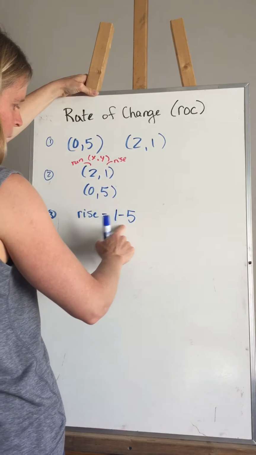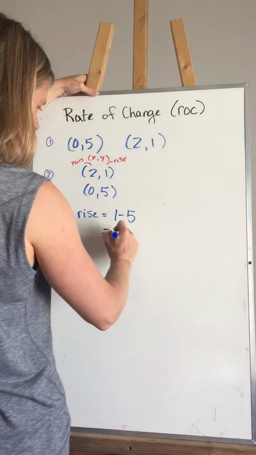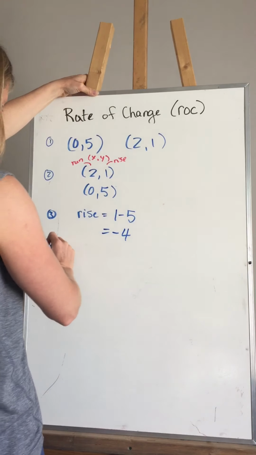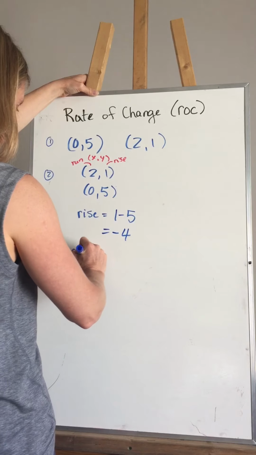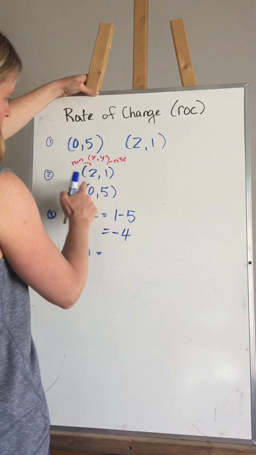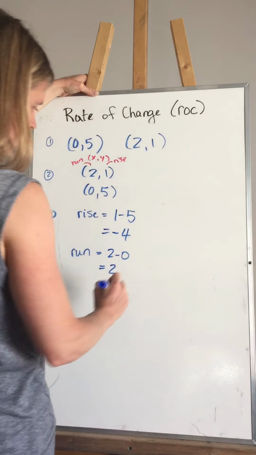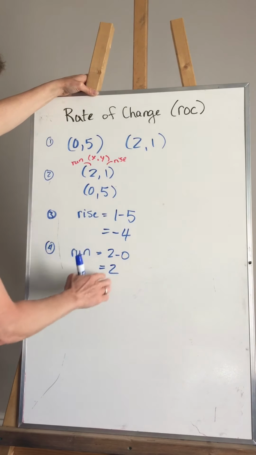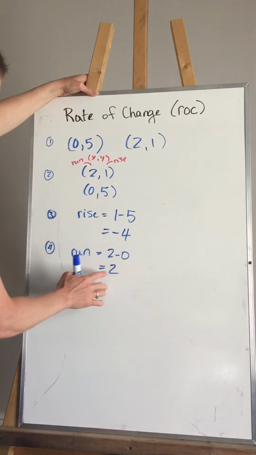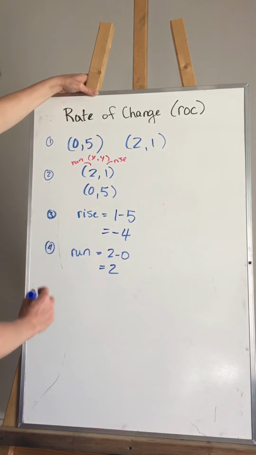I'm subtracting a bigger number, so I know I'm moving into negative, so that's going to be negative 4. Run, difference in the x-coordinates, 2 minus 0, so that's positive 2. Sign really makes a difference, so make sure you're careful about getting the correct sign.